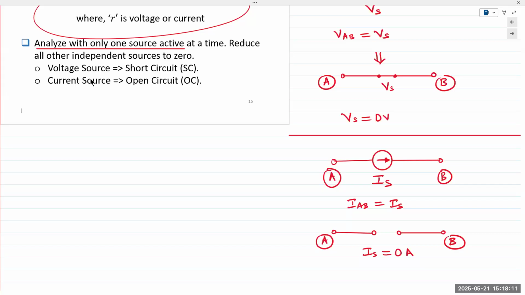Once you have only one source, you can possibly simplify your analysis by either reducing all the resistors down to one single resistance and applying simple analysis techniques, or you could apply node voltage and mesh current also. But that would rather defeat the purpose of doing superposition. The whole point of doing superposition is so that we can apply simple resistive analysis techniques.